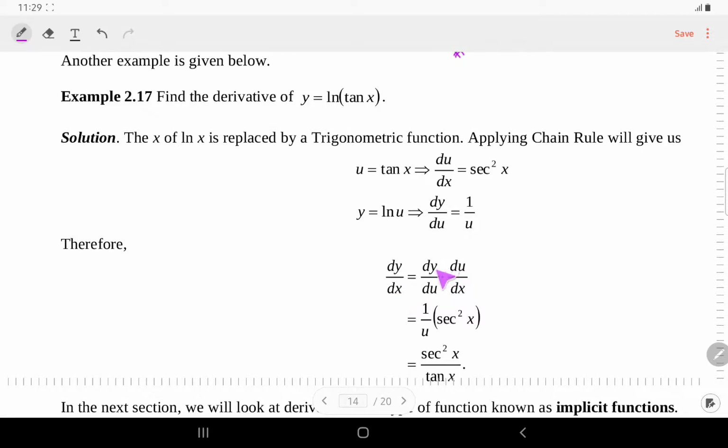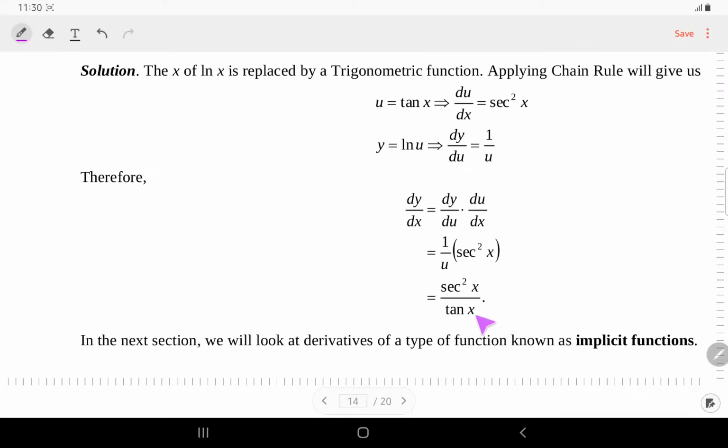So inserting what we have, dy over du equals 1 over u, multiplied with secant squared x. So we get 1 over u multiplied with secant squared x, and then substitute back u according to our assumption. u equals tangent x, so we will get secant squared x divided by tangent x.